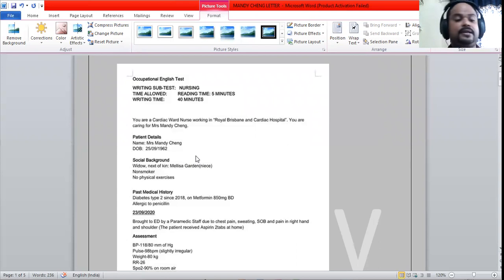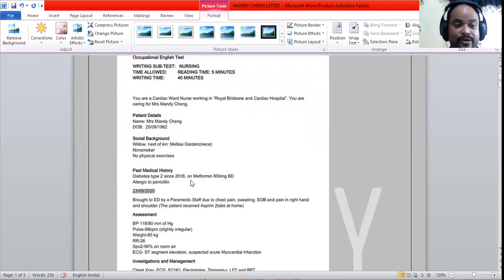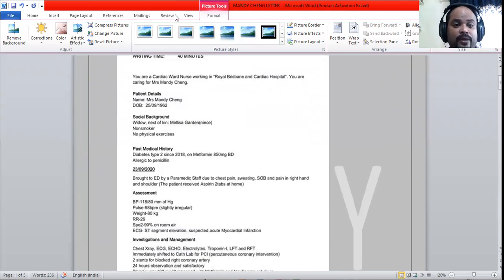And now physical exercise, she leads a sedentary life there. And when we go ahead, we can see that the past medical history is type 2 diabetes mellitus since 2018. And she's on metformin 850 mg twice a day. And she's allergic to penicillin.